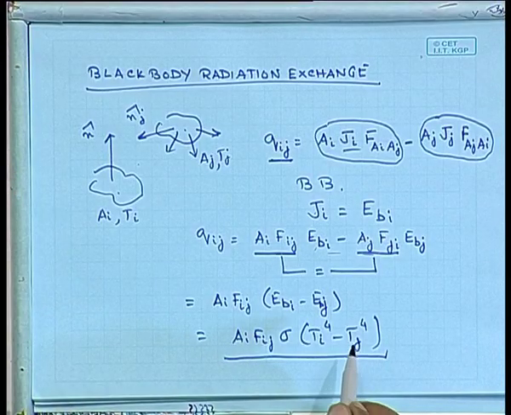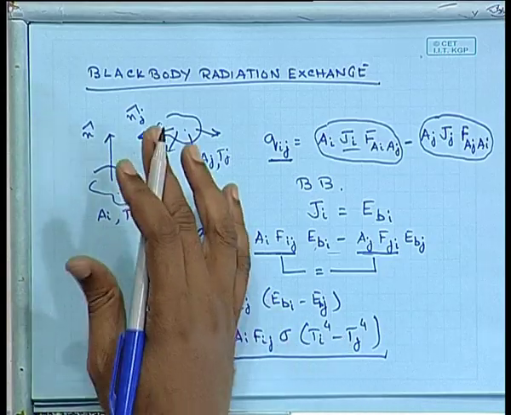In the next class, we'll keep them as real surfaces, and instead of just two surfaces, we'll make the problem slightly more complicated but slightly more realistic, as an enclosed area. So three or more surfaces making an enclosed area, and maybe none of the surfaces are black bodies. How do we calculate the net radiation heat exchange?